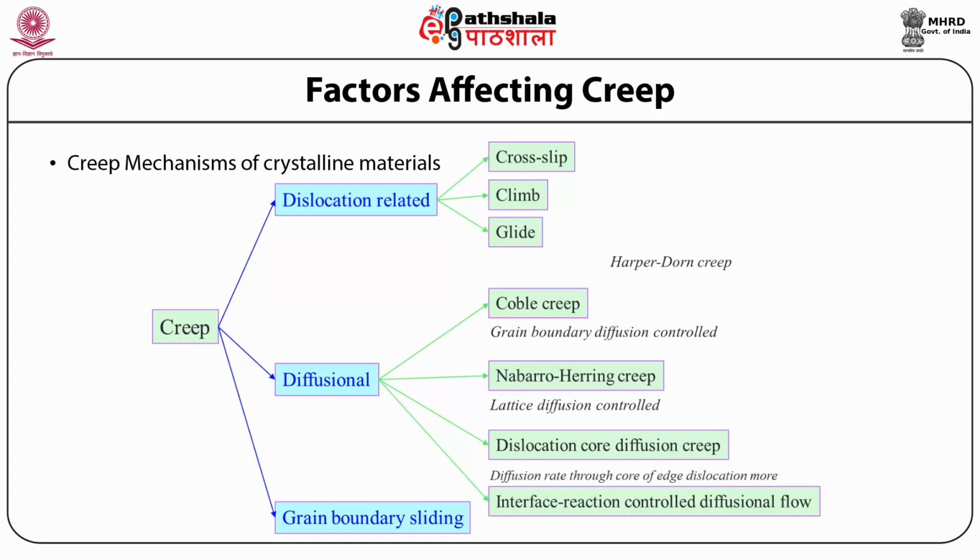The second one is Nabarro-Herring creep, which is lattice diffusion controlled. The third one is dislocation core diffusion creep, where the diffusion rate through the core of edge dislocations is higher. And the fourth one is interface reaction controlled diffusional flow. So these are the creep mechanisms of crystalline materials.